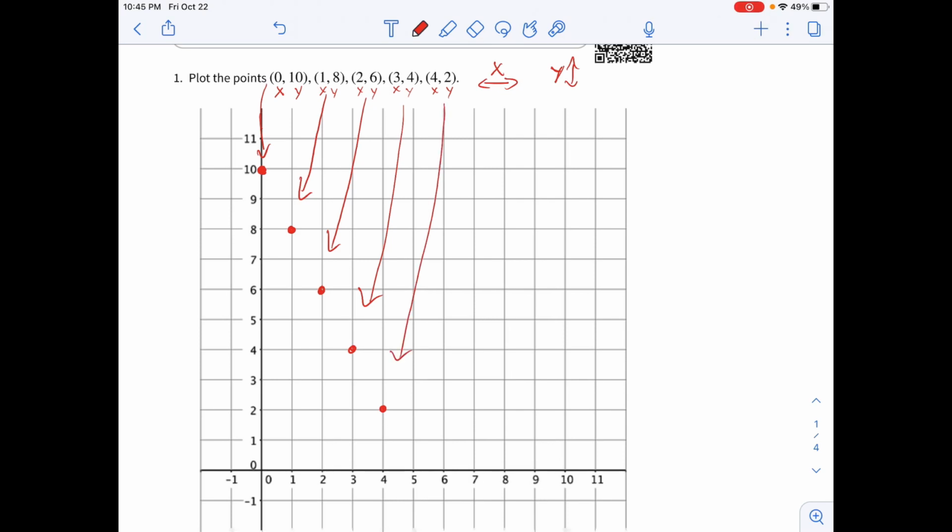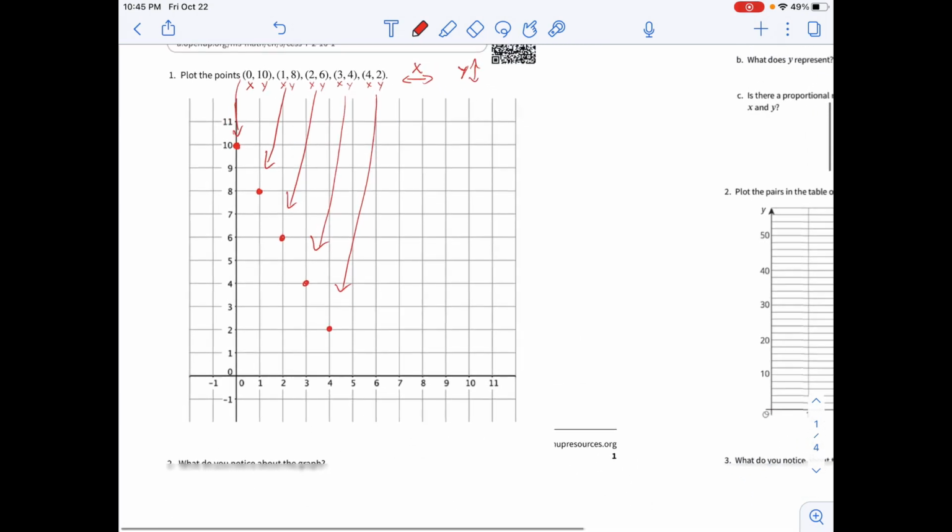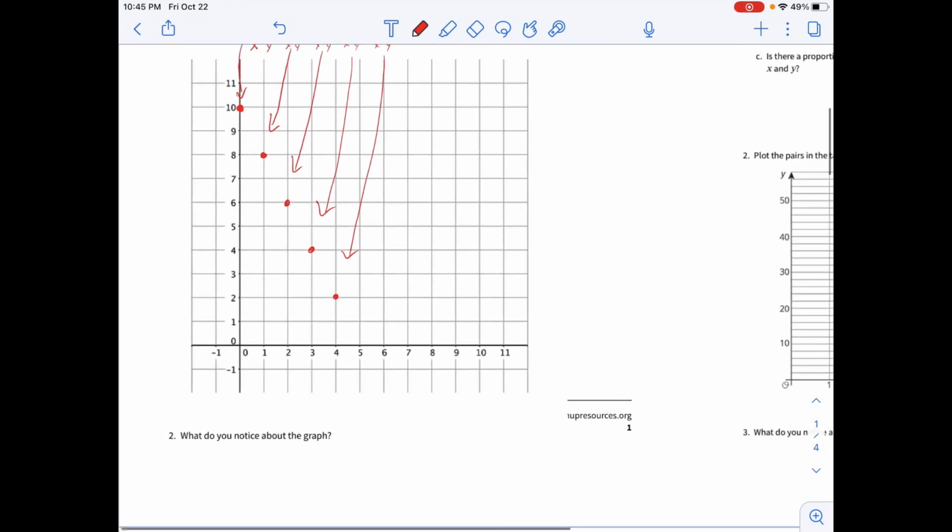Okay, once again, our x is our first number, y is our second. X is horizontal, y is vertical. Okay, so it says, what do you notice about the graph?